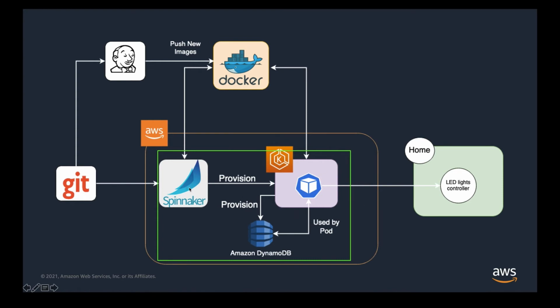We actually now told Kubernetes to provision an Amazon DynamoDB table for us. And once that's provisioned, the new pod or the new image that we push is going to be able to use that DynamoDB table and get more functionality out of it, right? In this case, we're just storing the names of the colors that we're going to support and their corresponding RGB values.